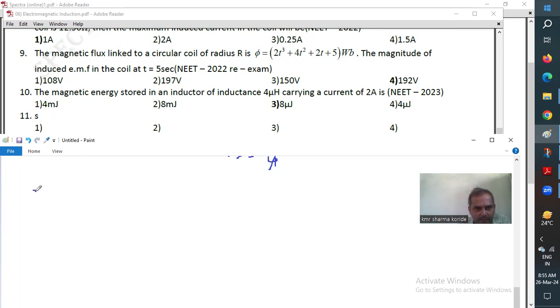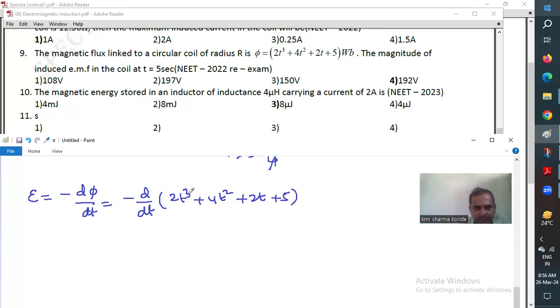Once again, the same formula: EMF is equal to minus d phi by dt. So differentiating this equation, minus d by dt of 2t cube plus 4t square plus 2t plus 5.